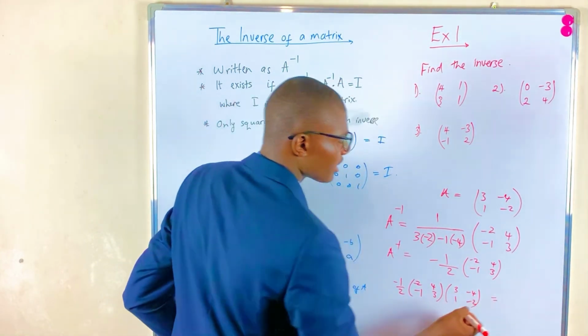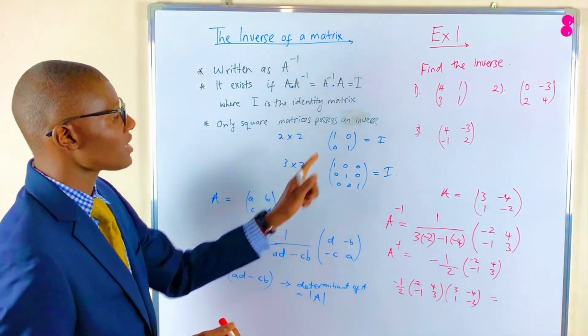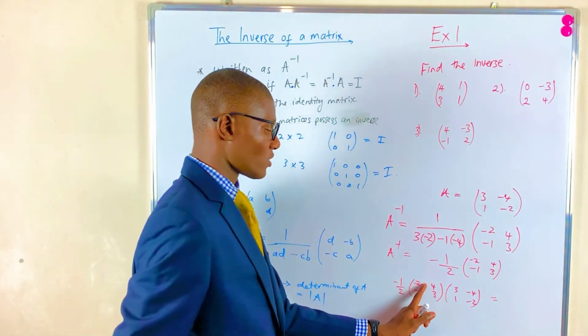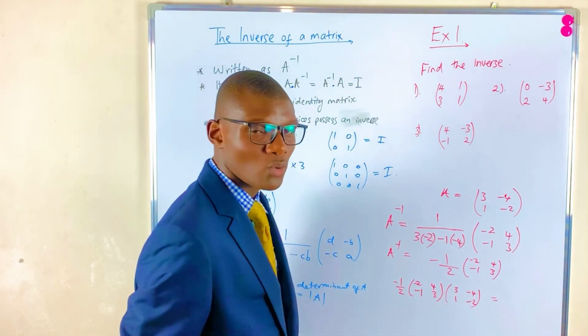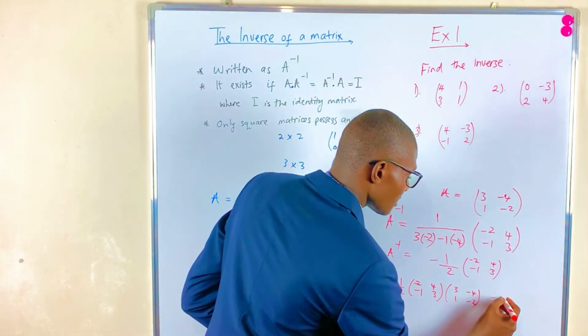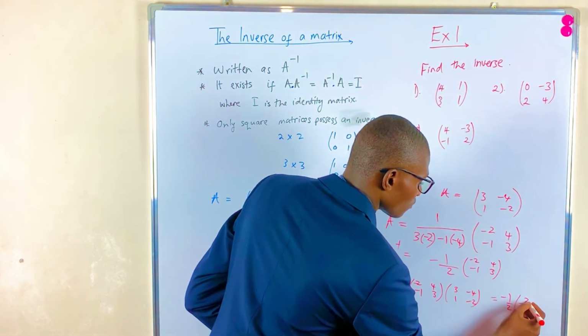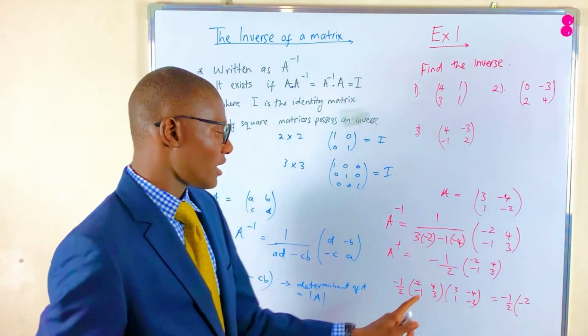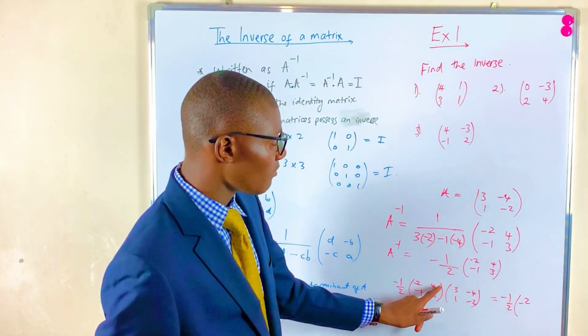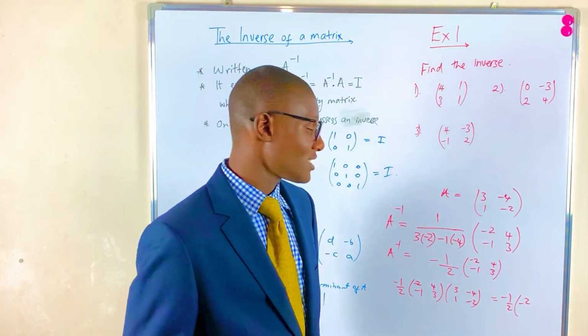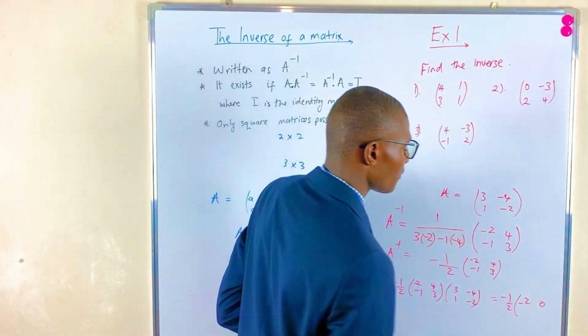We should get the identity matrix 1, 0, 0, 1. So we're saying 2 times 3, that's minus 6, and then plus 4 times 1. So that will be minus 6 plus 4 to give us minus 2. And then minus 2 times minus 4, that's 8, plus 4 times minus 2, that's minus 8. So 8 minus 8, we get a 0.